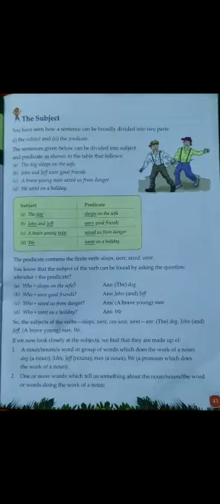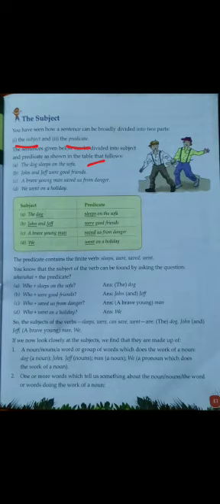Next, in every sentence we have the subject. Every sentence talks about something, right? That something, the main part, is called the subject, and the rest which it is talking about is called the predicate. If you see here in the sentence, the dog sleeps on the sofa.